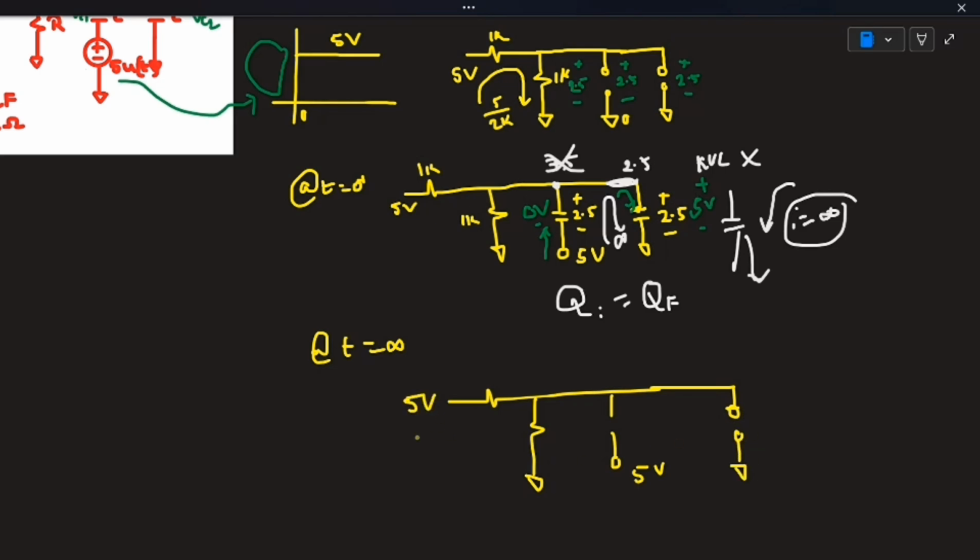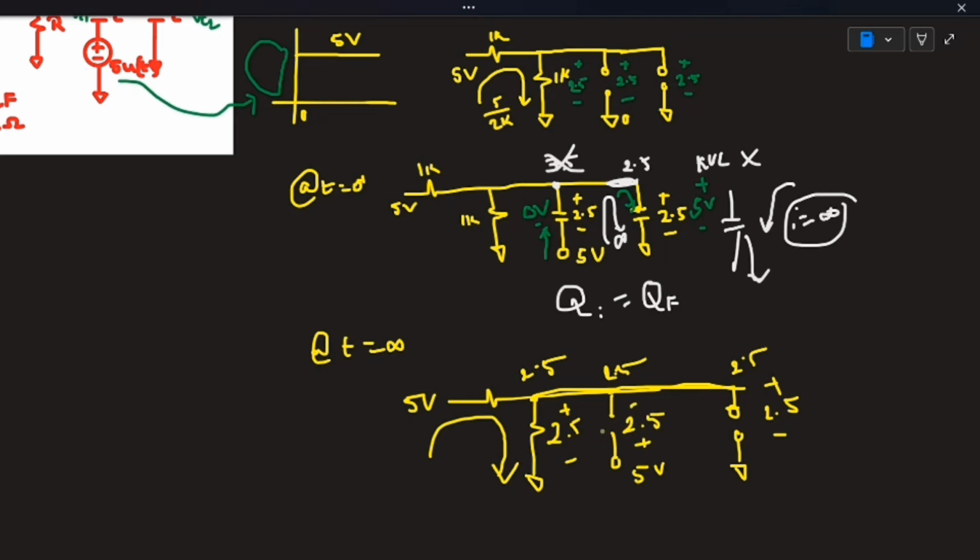This is the circuit at t equal to infinite. Now the total current will pass in this path only, so the voltage drop will be 2.5 volt here. So this node has 2.5 volt, and this node also has 2.5 volt, meaning all of this is a single node. So the voltage drop across this capacitor will be 2.5, and the voltage drop across this will be 2.5, but in the opposite direction, plus minus.